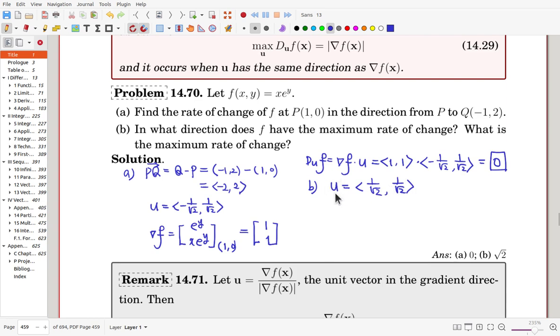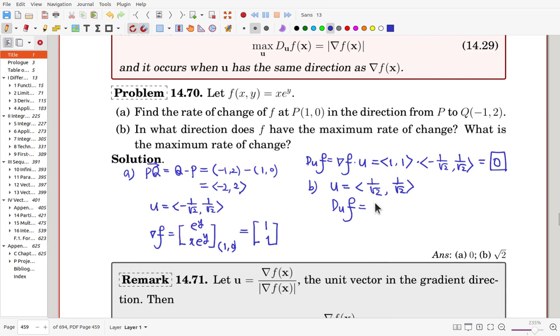Along with that u, now D_u f, so that among all directional derivatives, this one will be the maximum value.